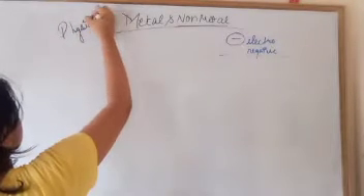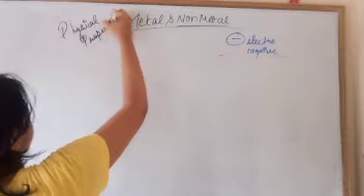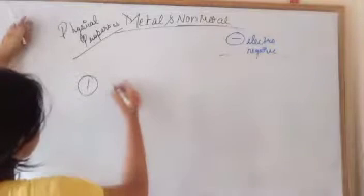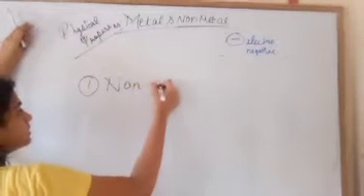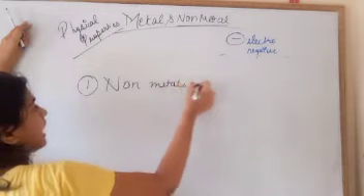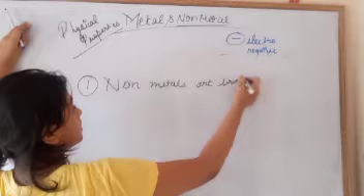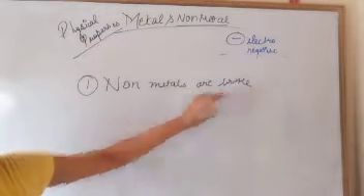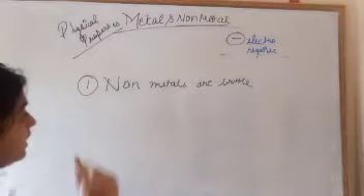Physical properties. The first property of non-metals: they are brittle. Means they are soft, they can be broken down into pieces very easily, except what?